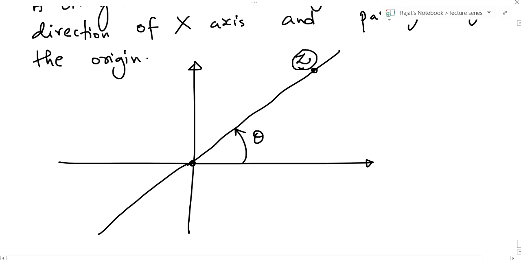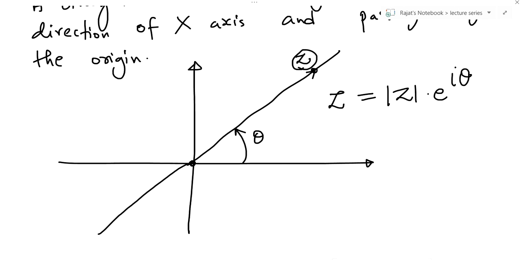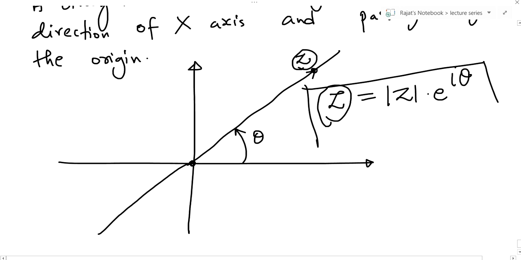Any complex number z can be written as mod z e to the power I theta, and this z is a general point, so this is a variable, so any point on this line will satisfy this equation.